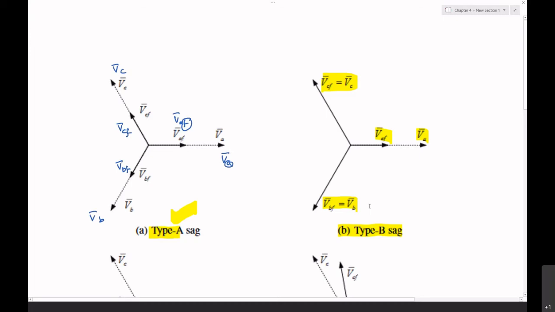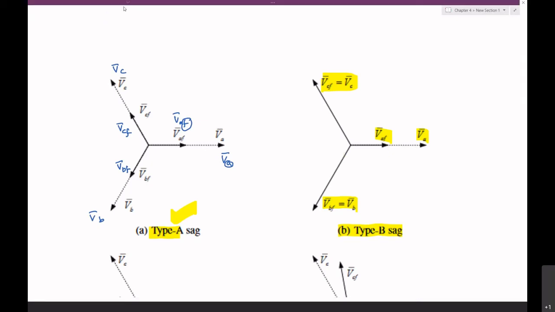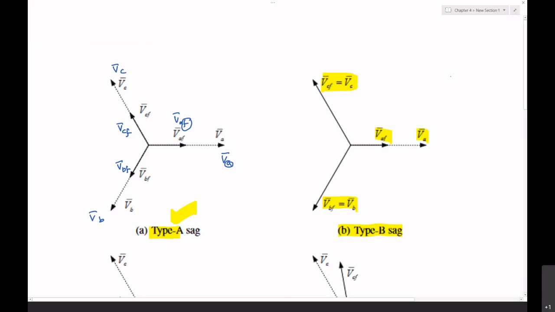When you look into the type B sag, don't think that the single line to ground fault has occurred in A phase only. There may be a case where you have the phasor in this kind of fashion also.